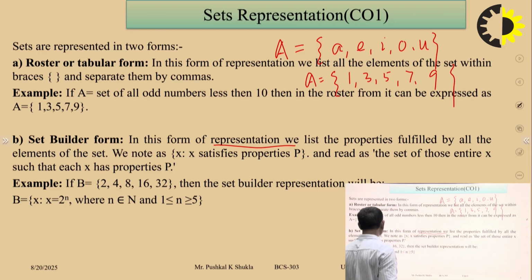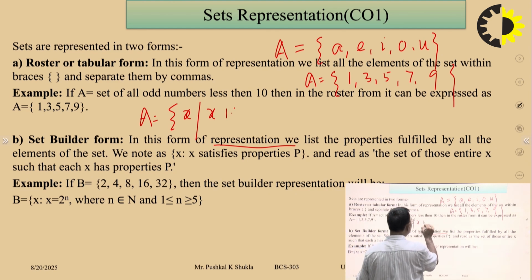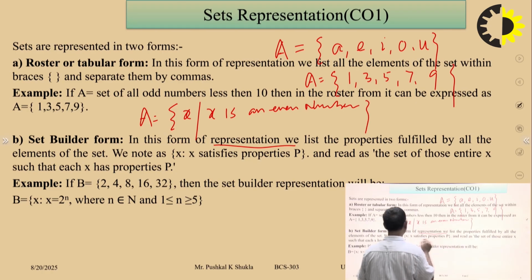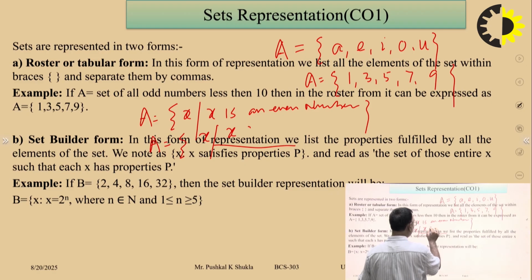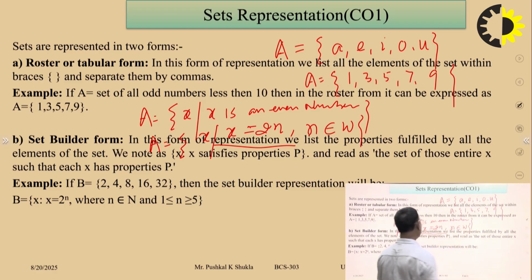How can we represent it in set builder form? A equal to {x such that x is an even number}. We can also write it like this: A equal to {x such that x equal to 2n, where n is an element of whole numbers}.